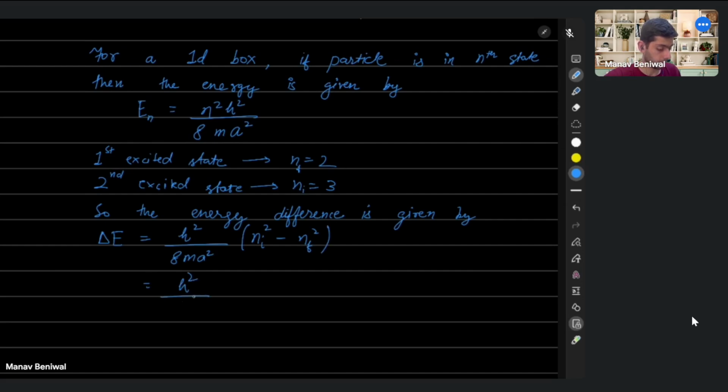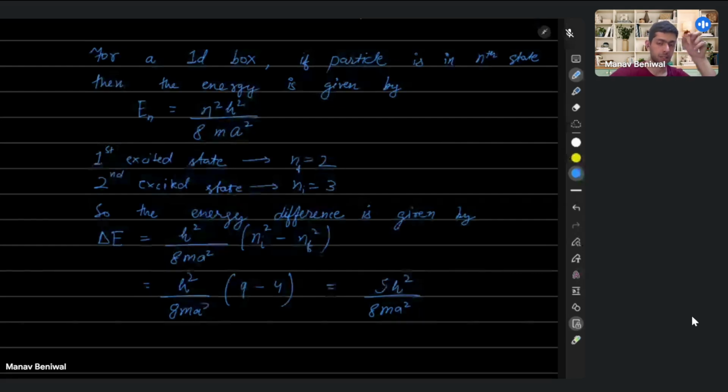So this becomes, over 8ma squared. Now this is 3 squared, which is 9, and this is 2 squared, which is 4. Okay, so we can write this as 5h squared over 8ma squared. Okay, so this is the energy gap between the two states, delta E. Now once we know delta E, we can easily convert it to wavelength.